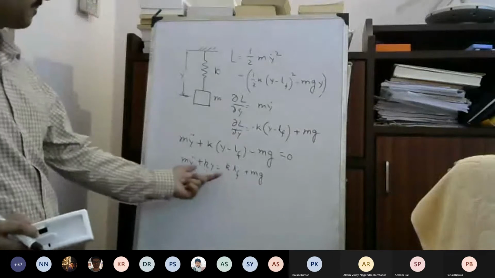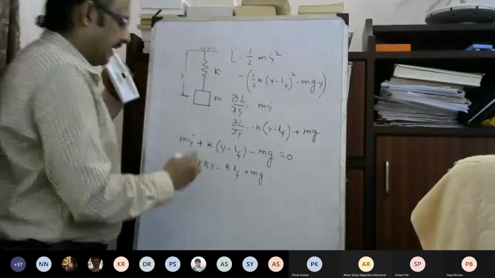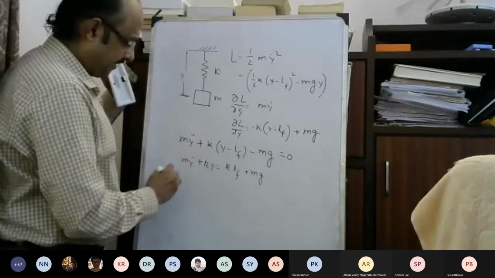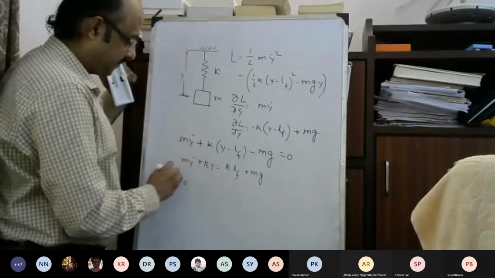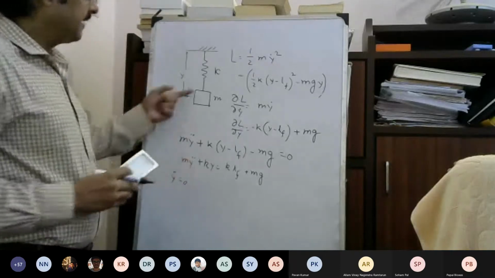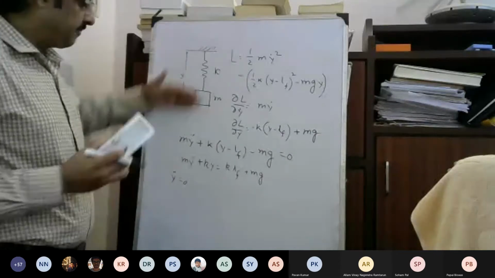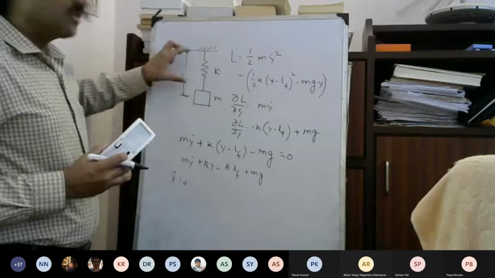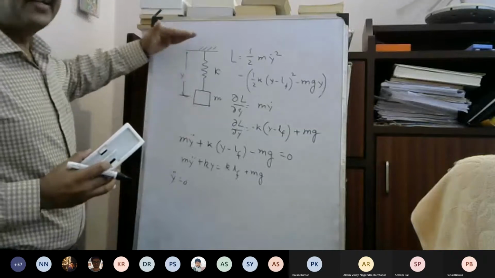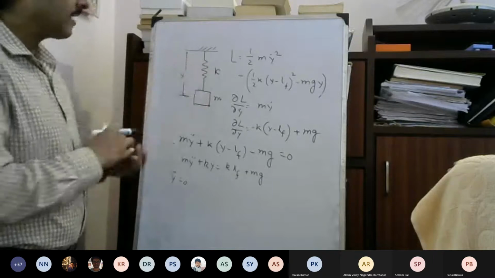So even if y double dot equal to 0, there is no acceleration, y dot equal to 0, there is a fixed point, that means there is an equilibrium position, and this equilibrium position is not y equal to 0.